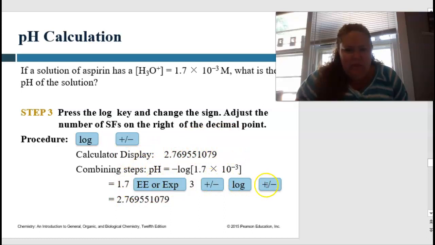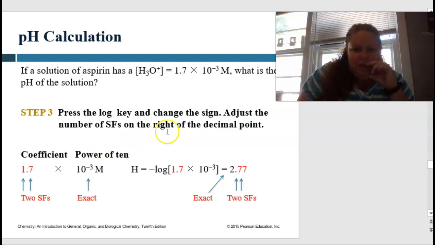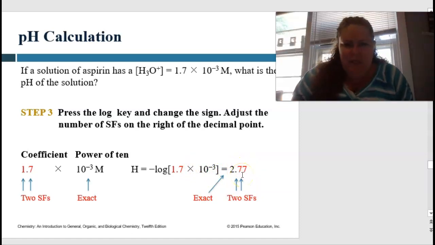These are the steps that you pushed into your calculator, and that would be your answer. Then we change the sign and adjust the number of sig figs again. Your coefficient, 1.7, is 2 sig figs. The power of 10 is an exact measurement, and we need 2 sig figs. So your answer would be 2.77.